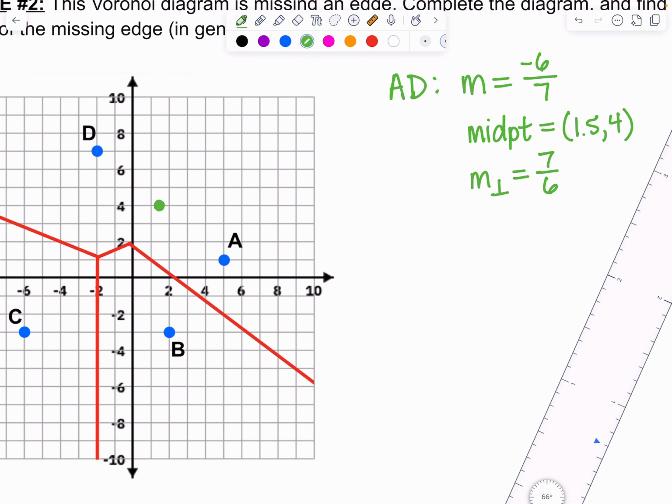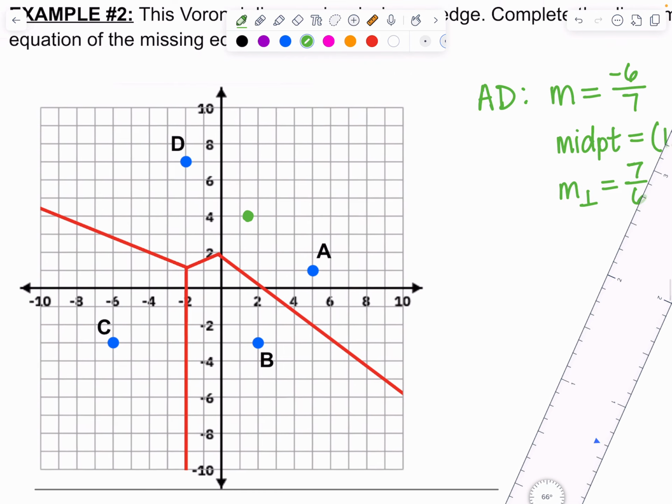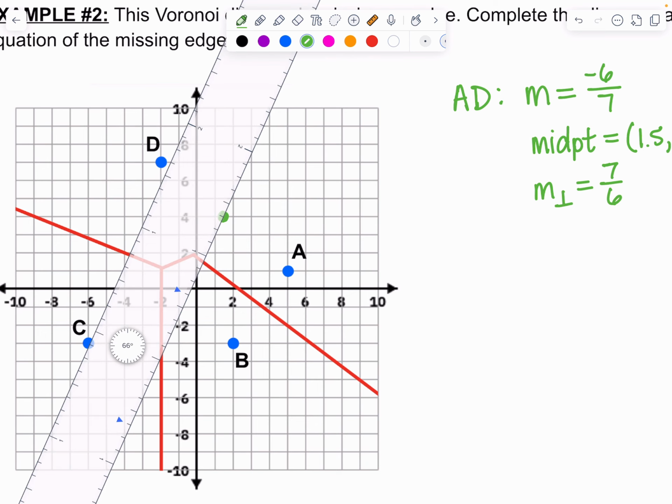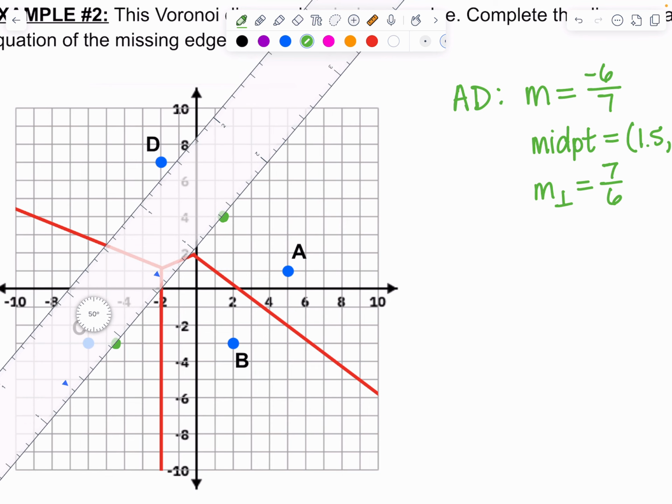excuse me. So I know I can go up 7 and over 6, but I can't go up 7 from 4 because that'll put me at 11. It's too big. So I need to go down 7 and left 6. So 1, 2, 3, 4, 5, 6, 7, and then go left 6. 1, 2, 3, 4, 5, 6. So this is my other point here. Now remember, once you touch a vertex, you do not have to finish drawing the rest of the line because you already have a vertex.